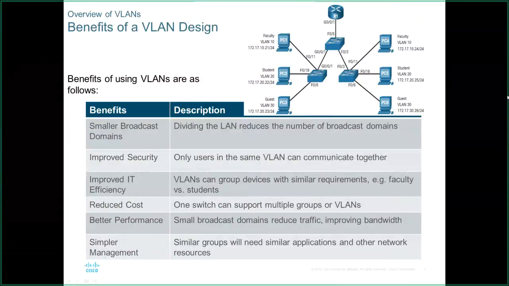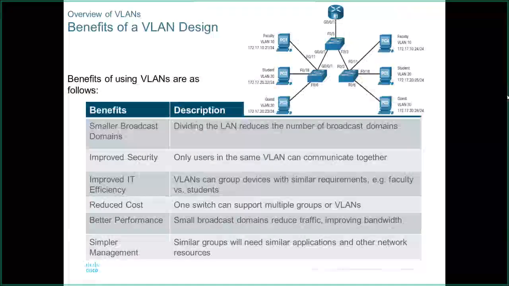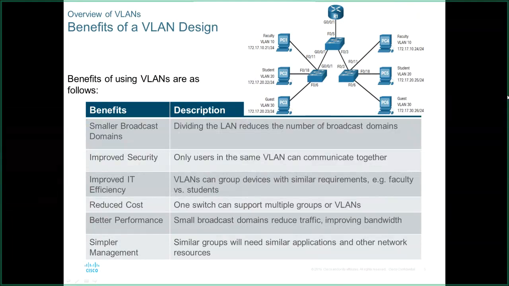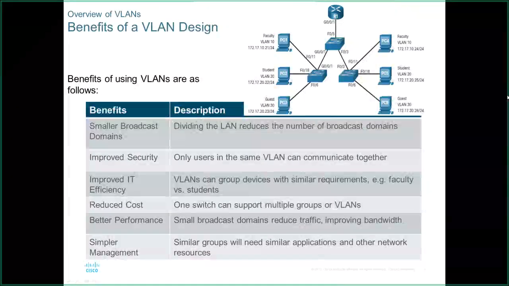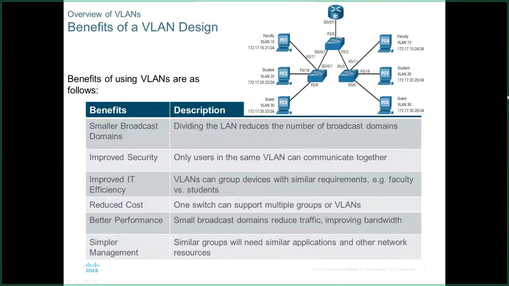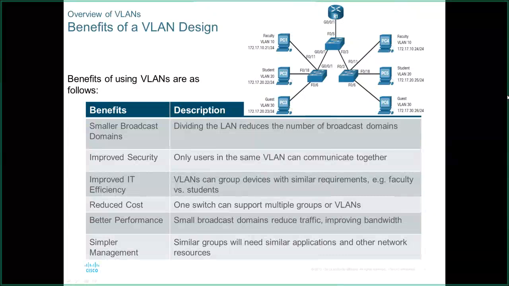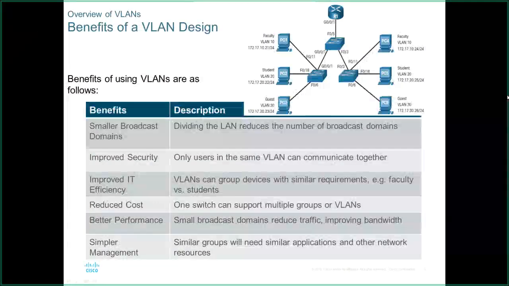So you keep your departmental traffic separated, even though it's using shared resources. We have greater efficiency of equipment utilization, which improves the overall cost of the network to deploy and maintain. Generally speaking, we have an increase in performance because traffic is restricted to only those areas that it needs to go.